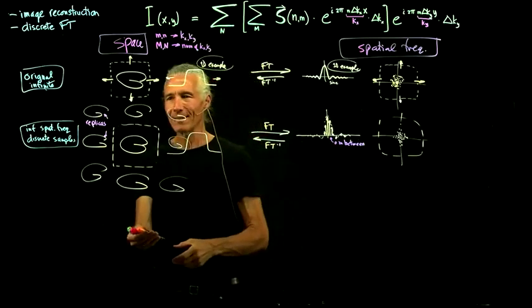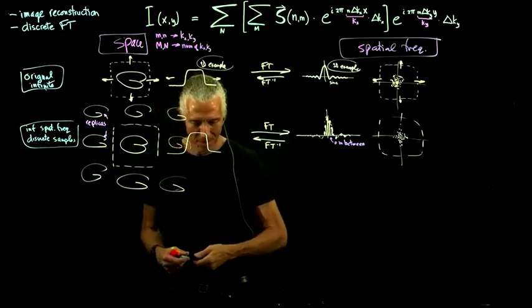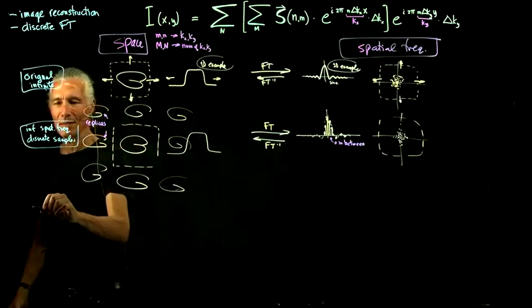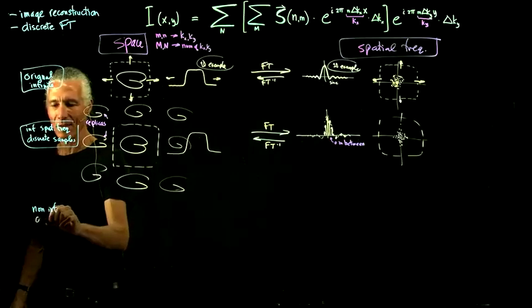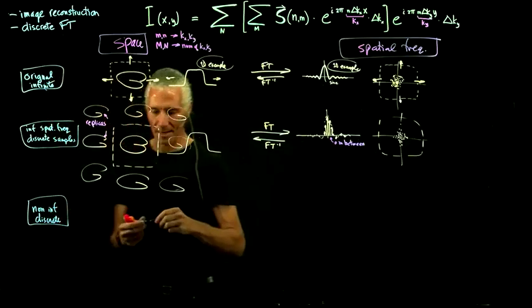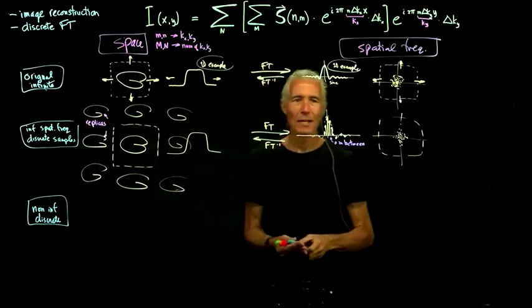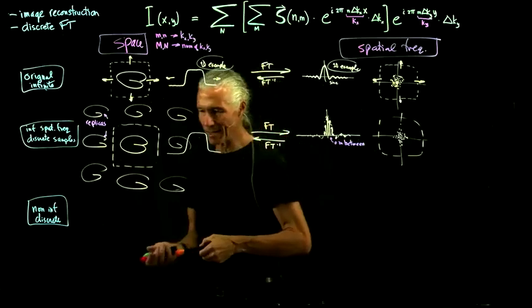But we've got 2 more cases to do. So what about non-infinite and discrete? So we could cut off our sampling. Do exactly the same thing.